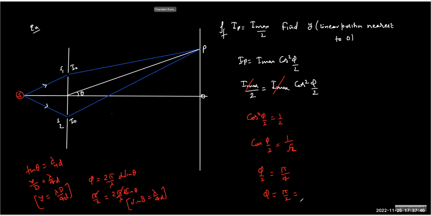So I think it will take 2 lectures for all the wavefront division method to cover. And then 2 lectures for the amplitude division method. 1 lecture for the diffraction. Assuming these lectures are short lectures, if it is a long lecture, it will take less time. So we'll keep more short lectures as much as possible so that we can cover it in 1 or 2 weeks or less than that.